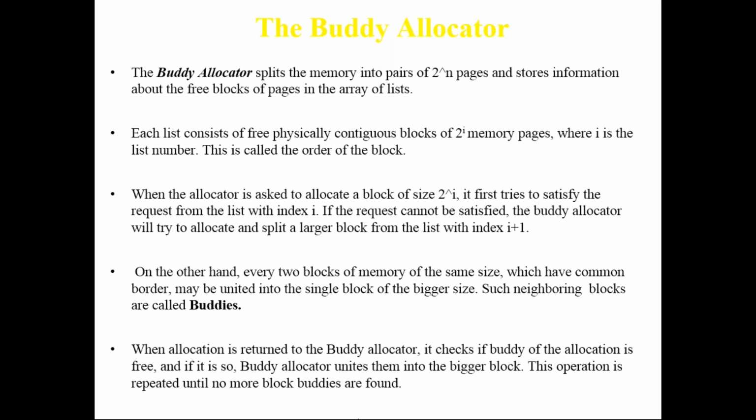If one block and the second block are free and the second one requires more space, then it goes for buddy allocation, making one block and merging it into a bigger block by sharing a border. This is called buddy allocation.